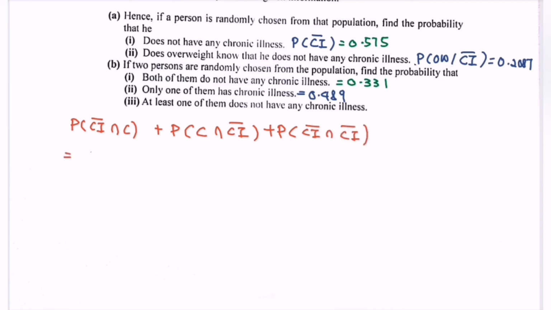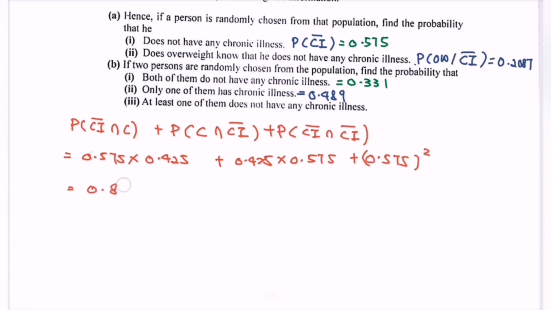Substituting, we have 0.575 multiplied with 0.425 plus 0.425 multiplied with 0.575 plus 0.575 squared. By calculator, we have 0.819.